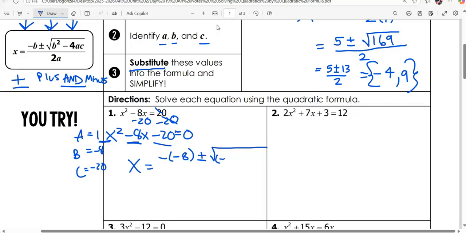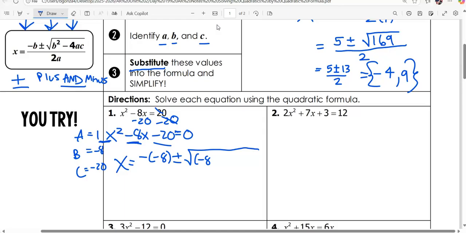All right, negative B plus or minus the square root of B squared. What's B? Negative 8. Negative 8 squared, plus or minus the square root of B squared, which is what?